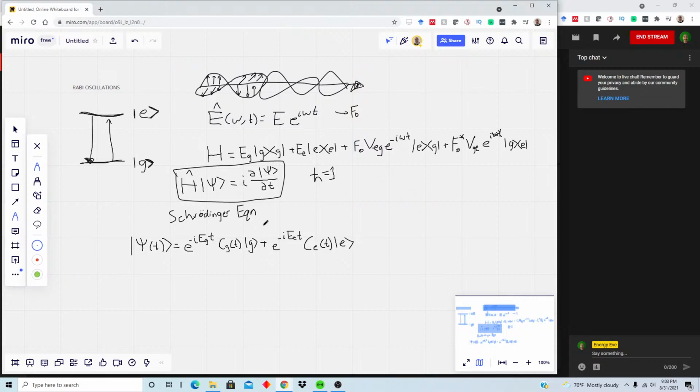And so it makes sense that if we have a wave function, it's gonna either have a waveform of it being in G, the ground state, or of it being in E. And so we said this is a general state, right? This is dependent on time. This could actually be just the conjugate of this times any constant. So this is very general, right? But the key part about this is trying to find out what this constant is. And so that's what we're gonna do. We're gonna want to plug this into here and see what we get out, right?